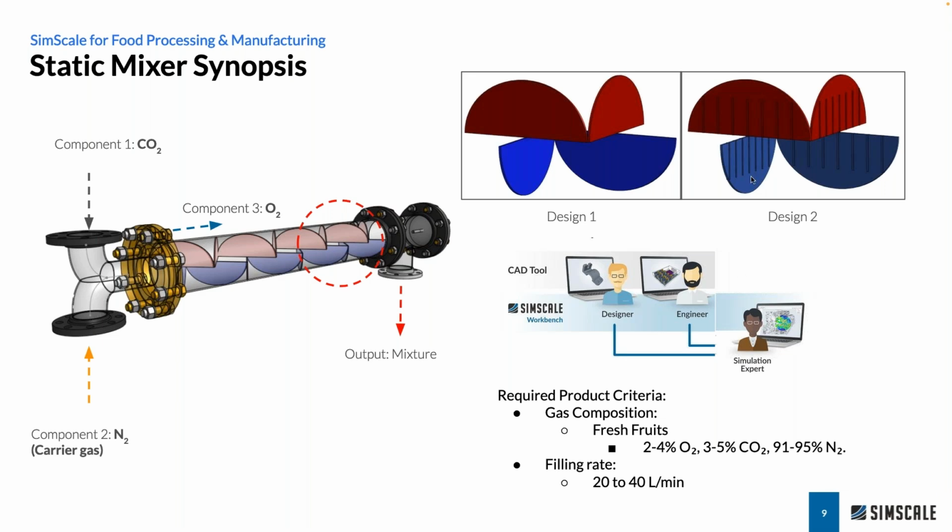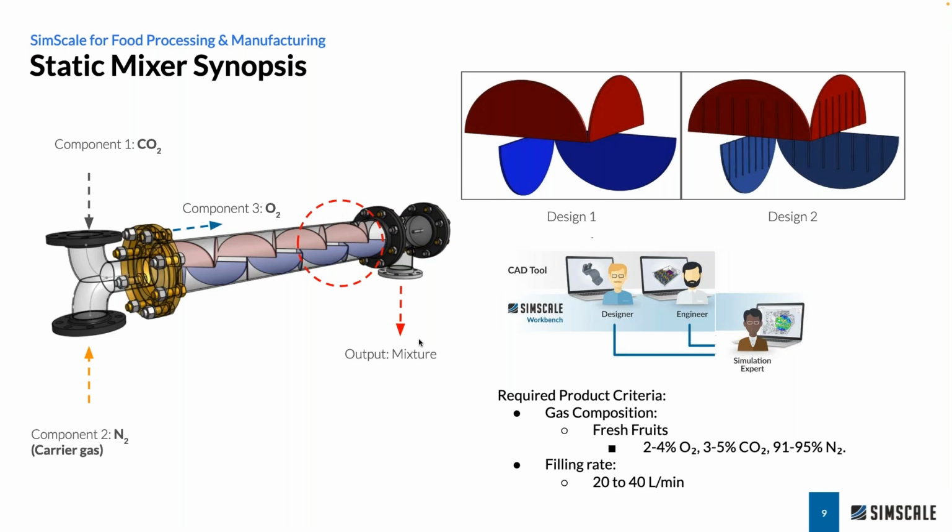So he or she is trying to add a few turbulence generators to see if this concept can increase the efficiency of the mixing, because creating turbulence will create a lot of space for the gases to mix before they pass on to the output. That's just the conceptual design that we are going to test together using SimScale.